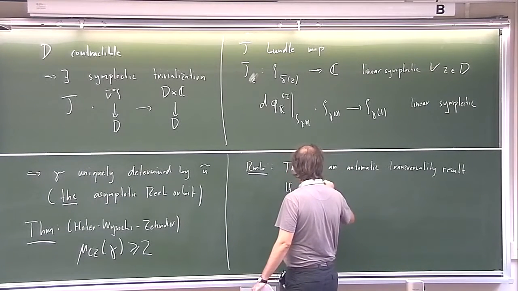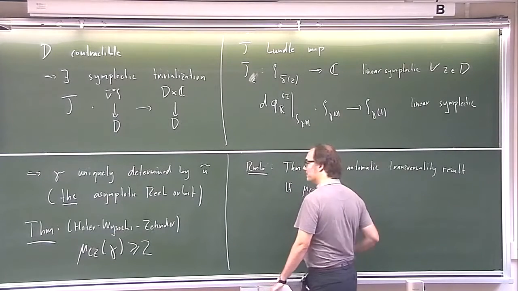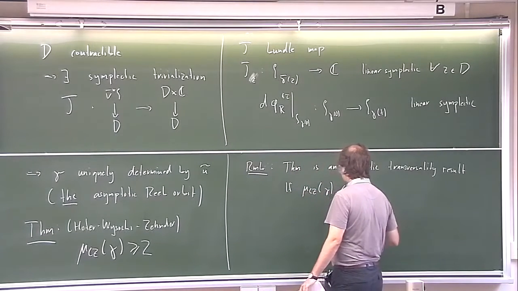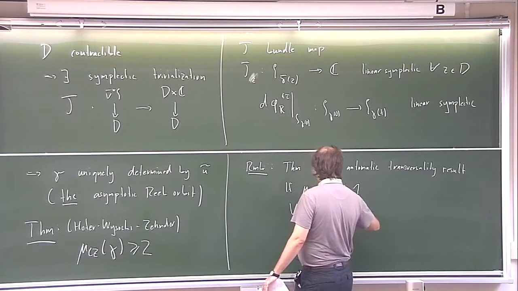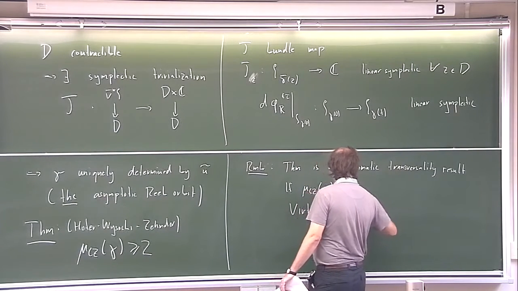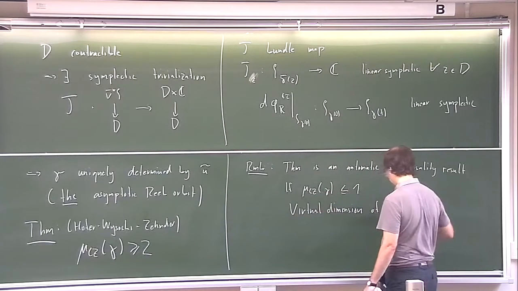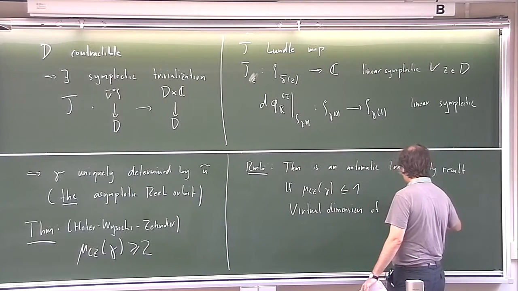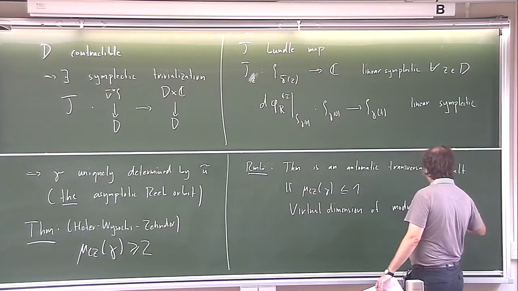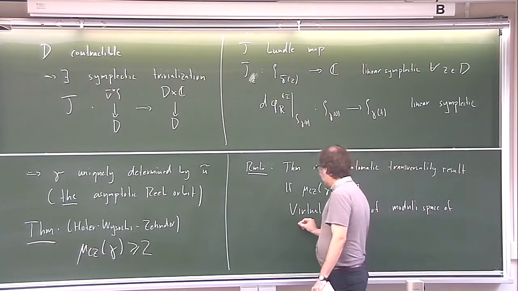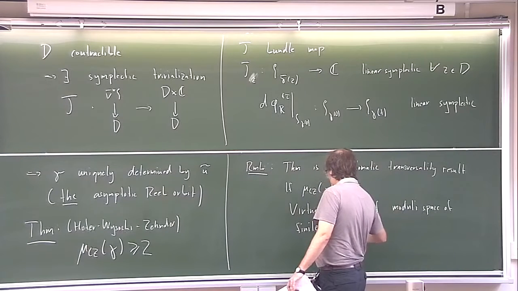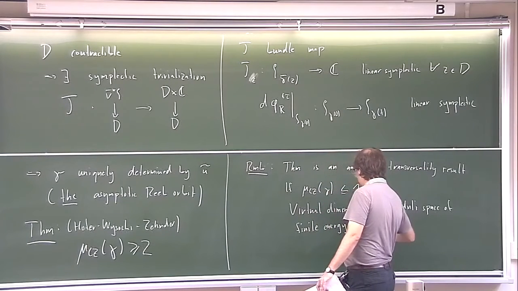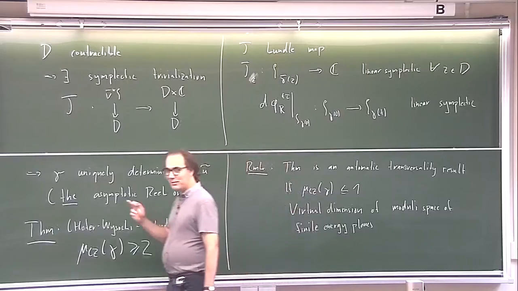So if the Conley-Zehnder index of gamma is less than or equal to 1, then the virtual dimension of the moduli space of finite energy planes, and actually modulo gauge, that also makes it so difficult, because we always have this gauge action.